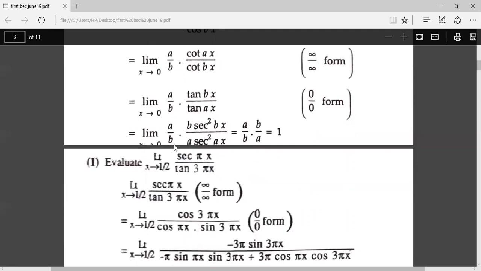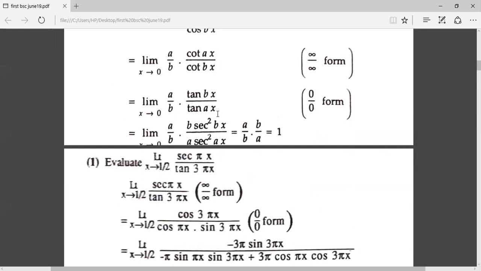You will get a by b. Differentiation of tan bx is b secant square bx, and differentiation of tan ax is a secant square ax. So what we have is b by a, and when x is 0, secant 0 is 1 in both.